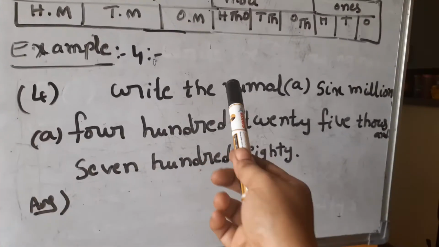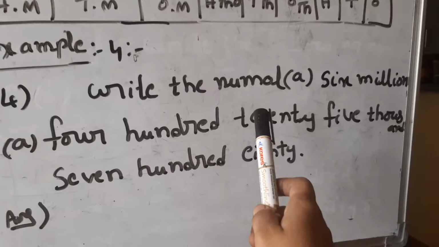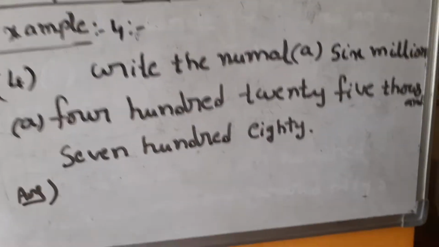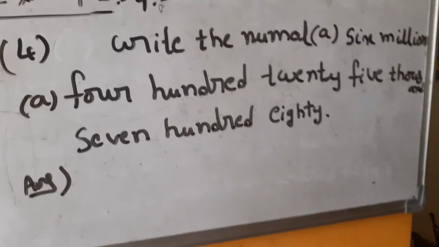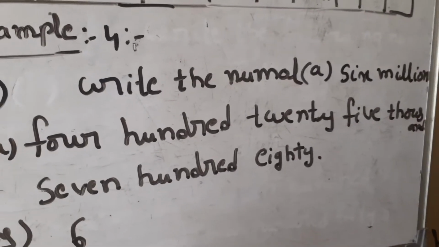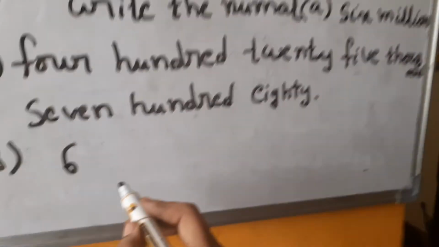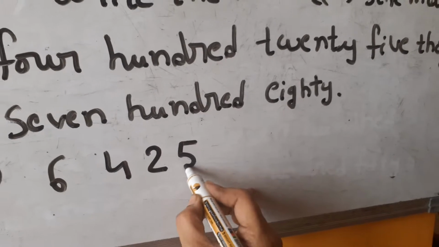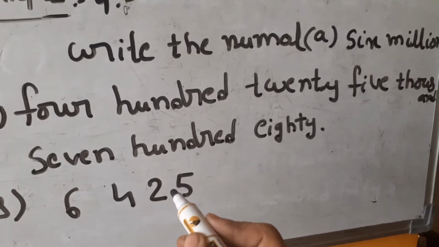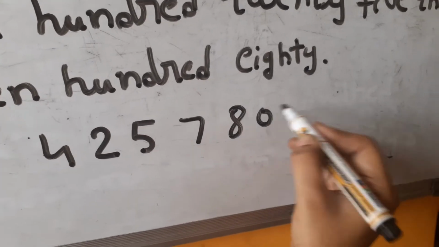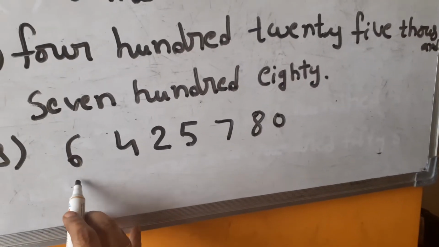See the next example for the A problem. Write the numeral 6,425,780. First, 6 million, so first you write 6.